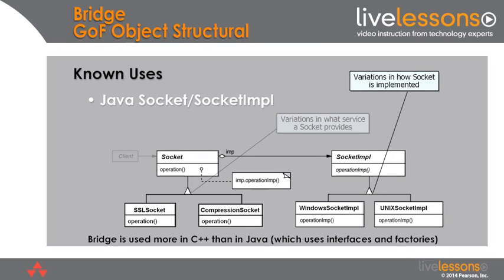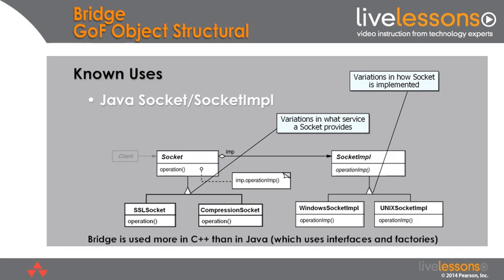And then you have the actual socket abstraction itself, and that provides a set of services that is used by users of sockets. And in that case, you can take socket service abstraction and then be able to do things like add support for compression or various kinds of security and authentication protocols in a way that's independent of whether or not you're implementing this on top of Windows sockets or Unix sockets and so on. So it's a good example of bridge.